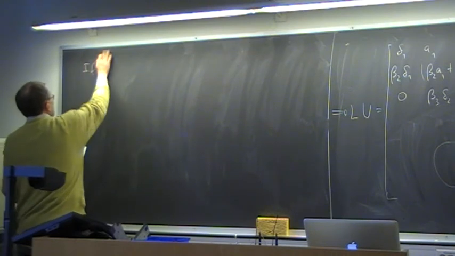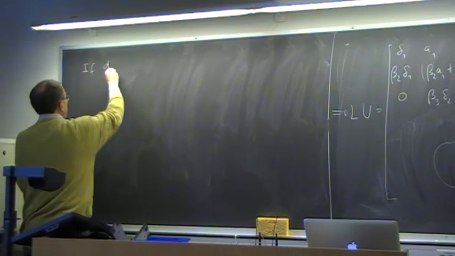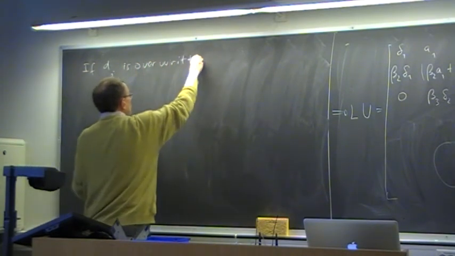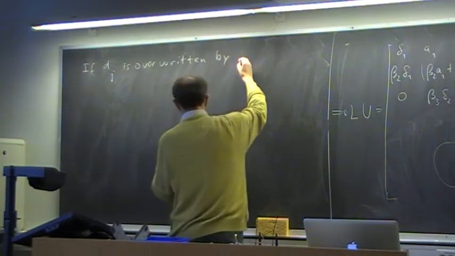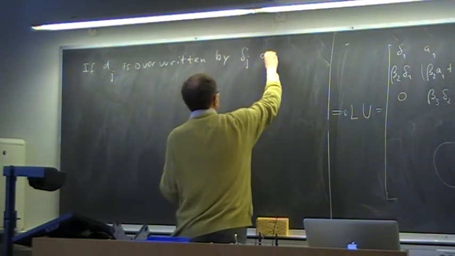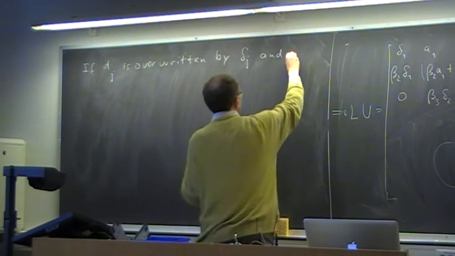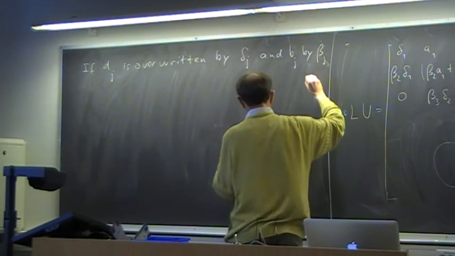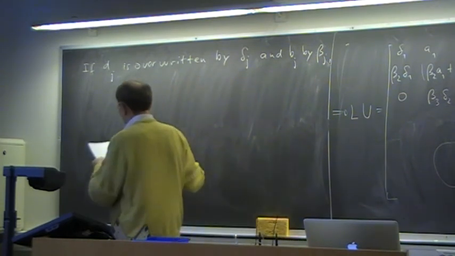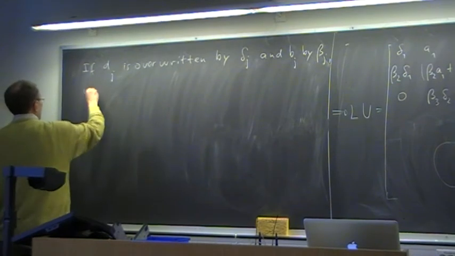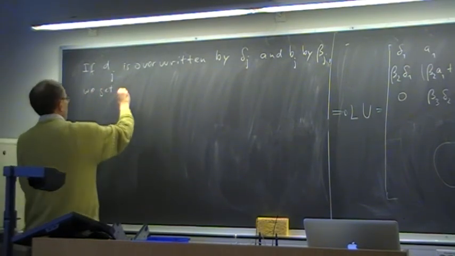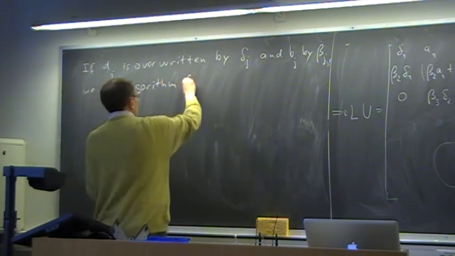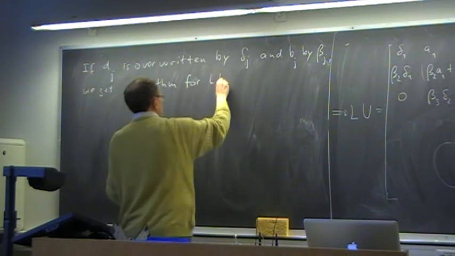So if the dj is overwritten by the delta j and bj by beta j, we get the algorithm as it is usually implemented for the LU decomposition.